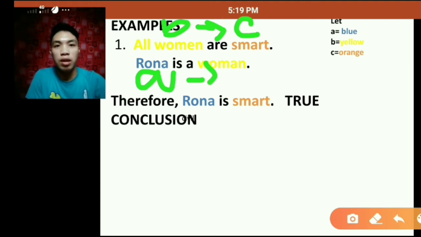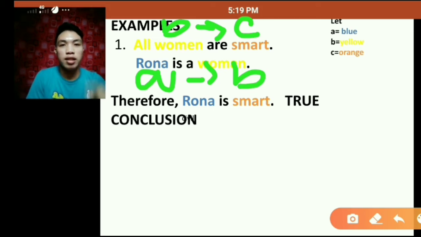Woman and women are actually the same; they only differ in that one is singular and the other plural, but they pertain to the same thing. So we have letter B. Now the last one, our conclusion: therefore Rona is smart.